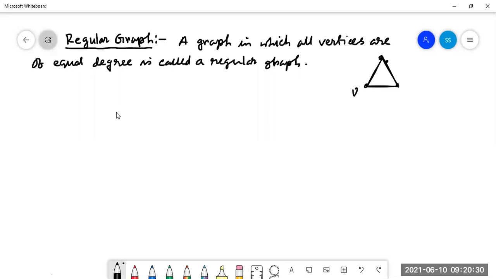If we say that it is V1, it is V2, and it is V3. So what should I conclude from here? Degree of V1 equal to 2, degree of V2 equal to 2, degree of V3 equal to 2. So we can say that it is a two regular graph. Isn't it?